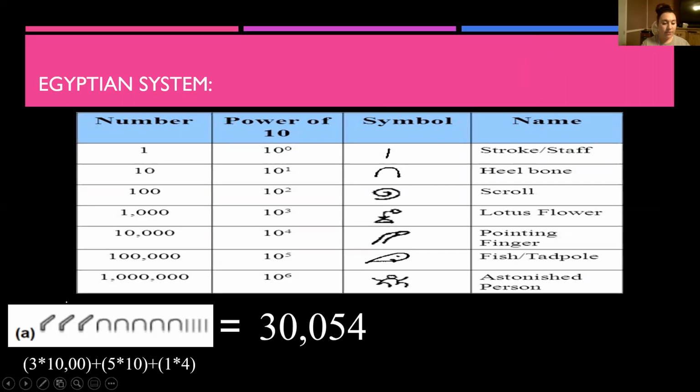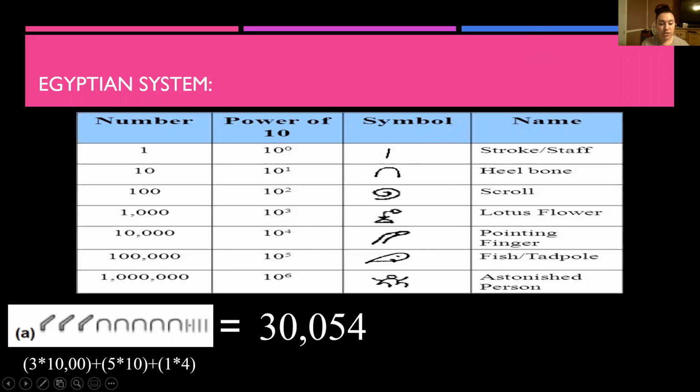We have 3 fingers, so that is 10,000 per pointer finger. And so we're going to do 3 times 10,000 plus, and then we're going to do 1, 2, 3, 4, and 5. We have 5 of the heel bones, and those are 10 apiece. So we'll do 5 times 10, and then plus, we have our little strokes, or our staffs as it calls them.